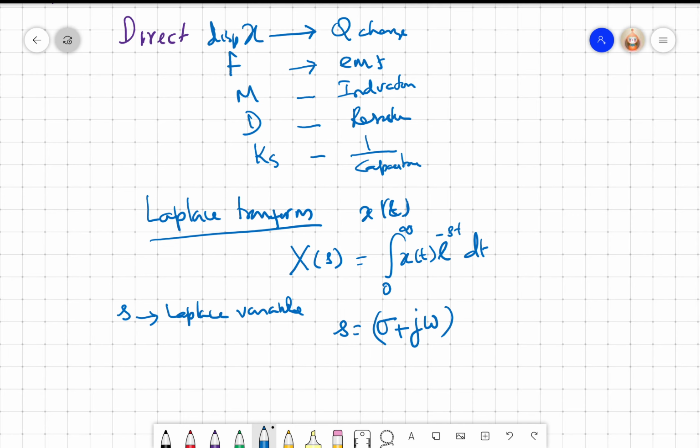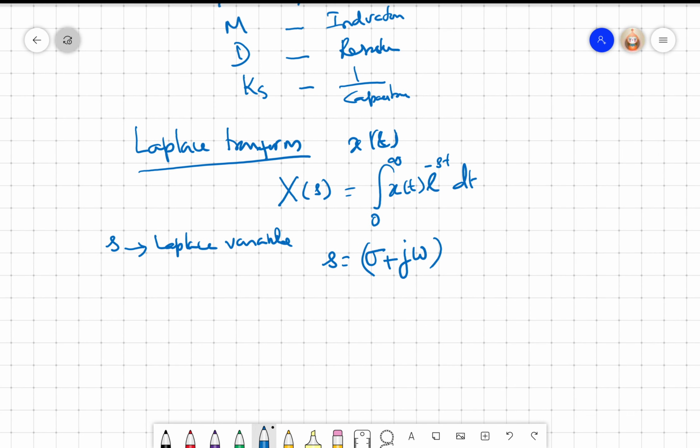We call this a complex frequency, and the way that we look at it is, if I look at e power minus st, right, which is equal to e power minus of sigma plus j omega, which is e power minus sigma into e power j omega, right?